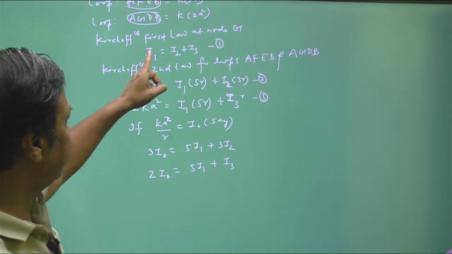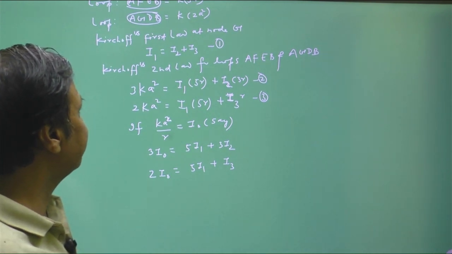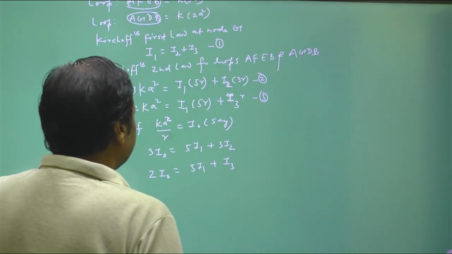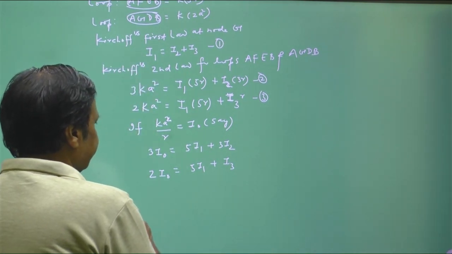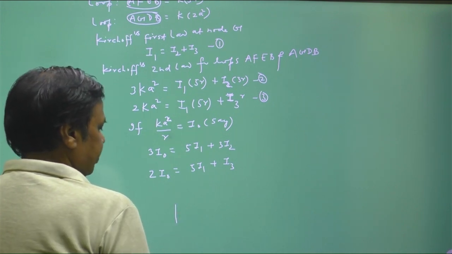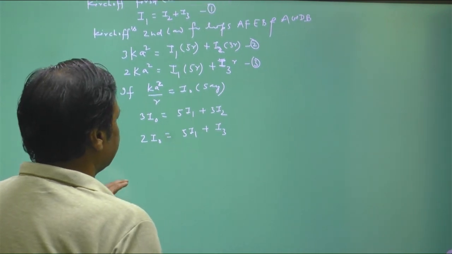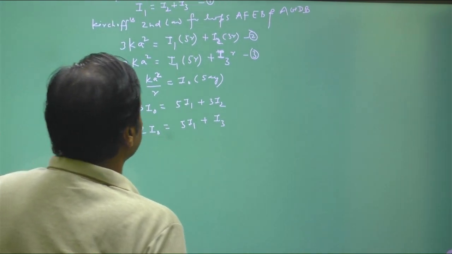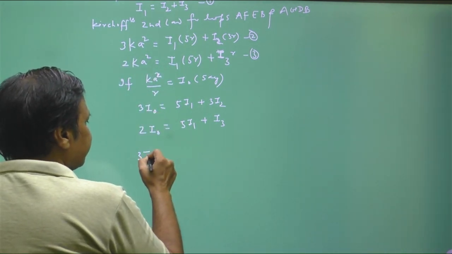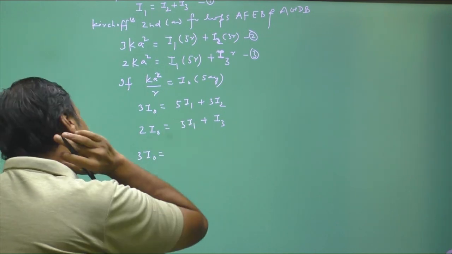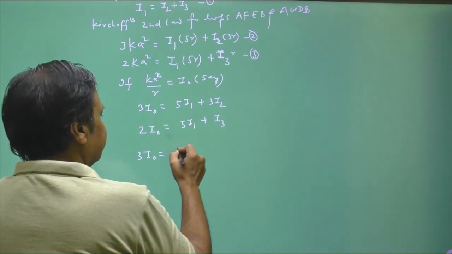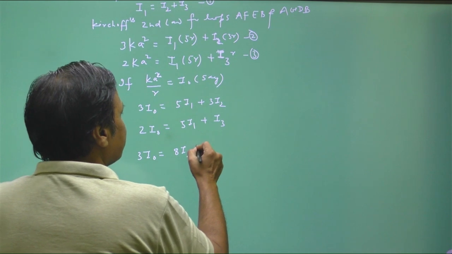But we haven't used this equation, that is I1 equals I2 plus I3. If I put I1 equals I2 plus I3, I can write this set of equations as 3 I naught equals 5 I2 plus 3 I2, that is 8 I2 plus 5 I3.